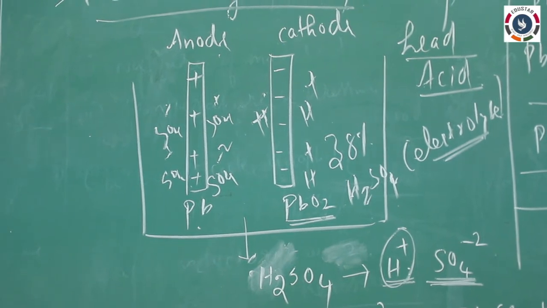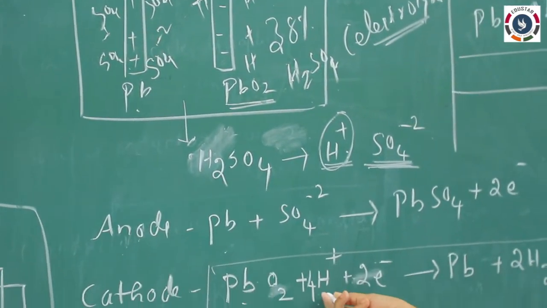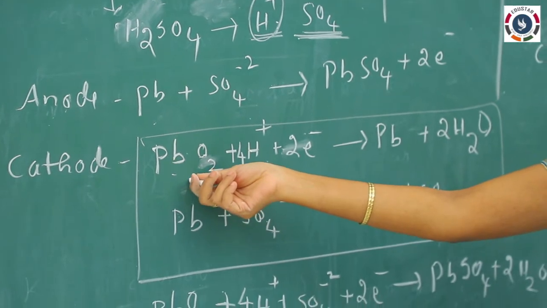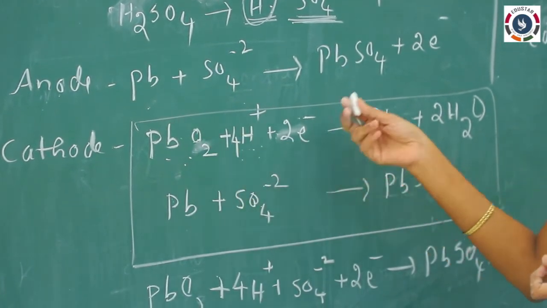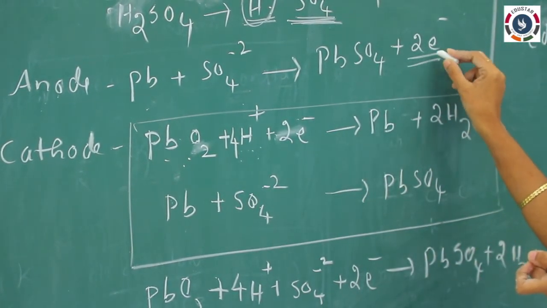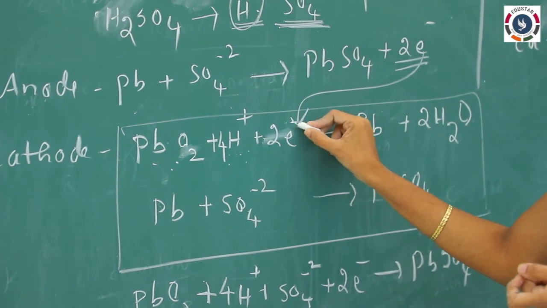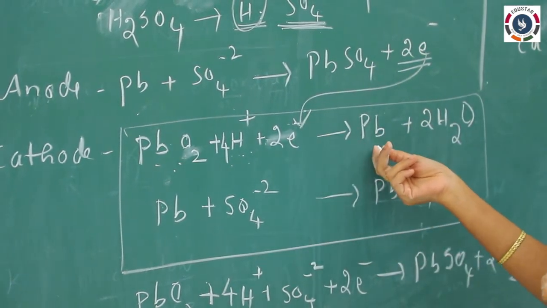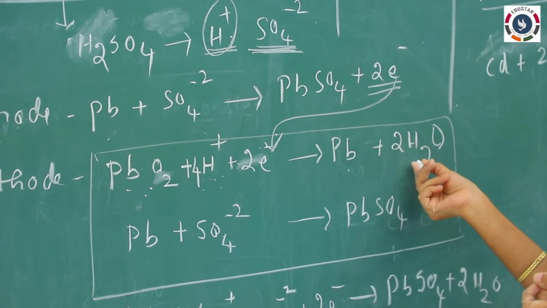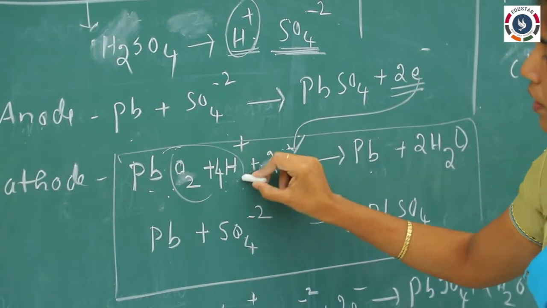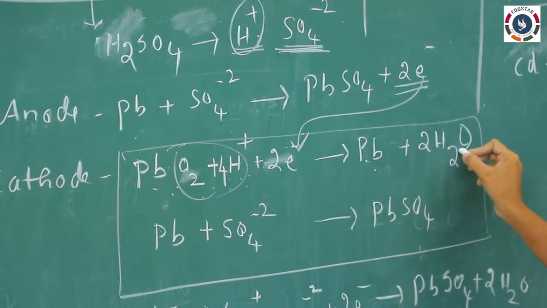So, I am adding 4 H plus. 4 hydrogen ions get into the cathode department. The electrons from the anode side always get added to the cathode side. I am getting lead plus 2 water. This will be liberated as water, lead and 2 water.